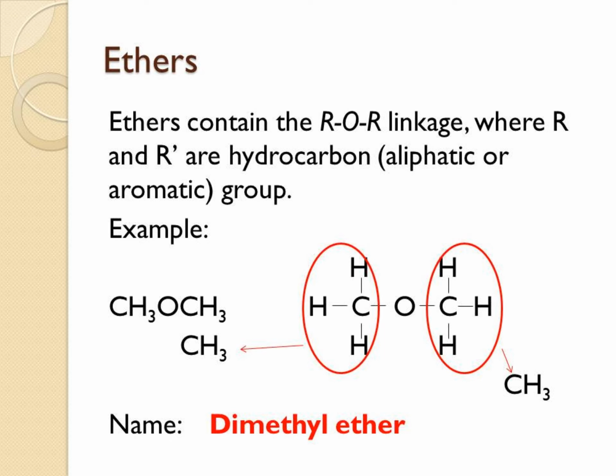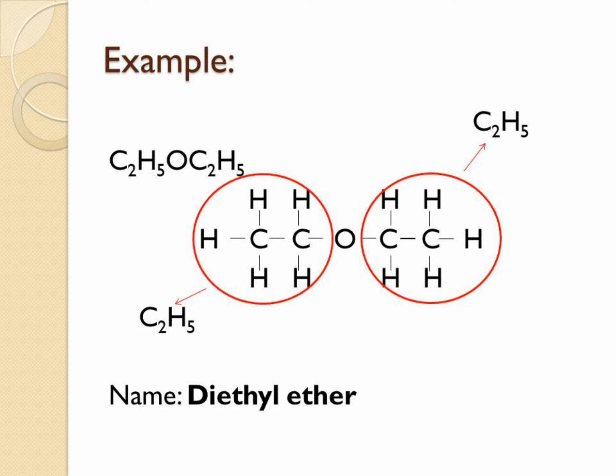Then we use the prefix di, meaning 2. So we have the name dimethyl ether. Another example is diethyl ether.